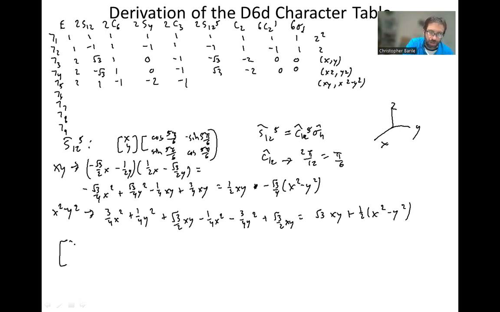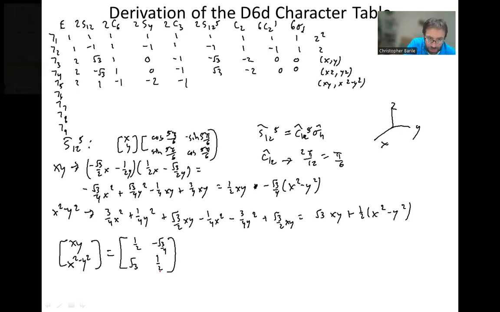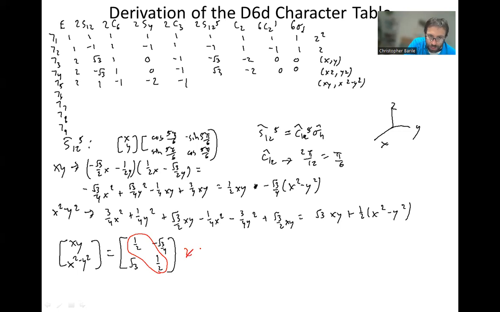So we end up with our 2x2 matrix looking like this, where we have 1/2, negative root 3 over 4, and we have root 3, and we have 1/2. And so then we take the trace of the matrix, we get that chi, the character of S12 5 times, equals 1/2 plus 1/2 equals 1.